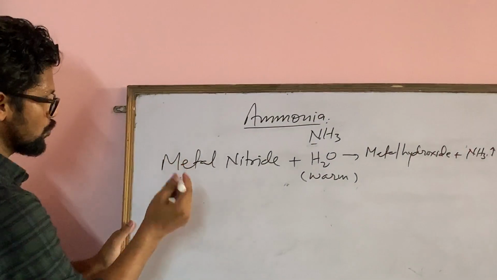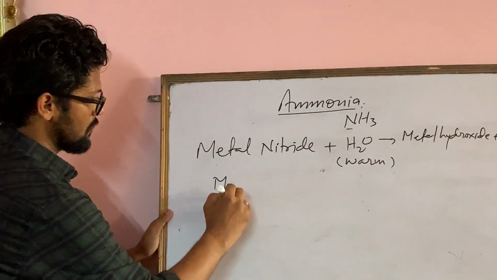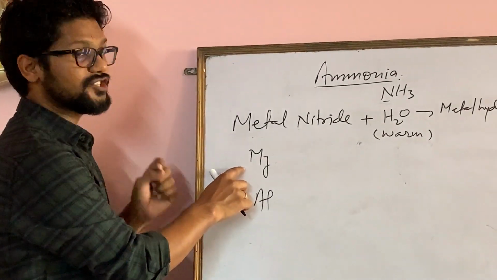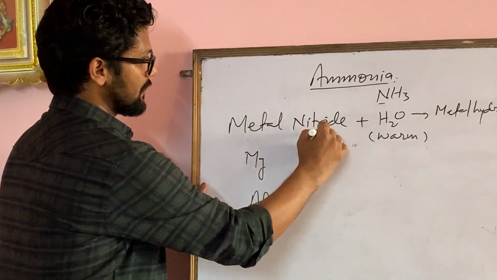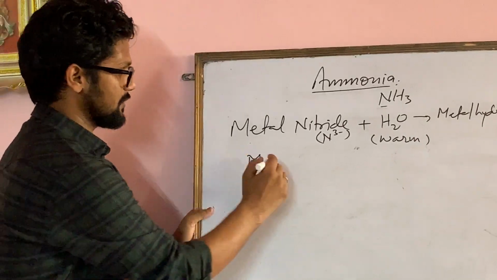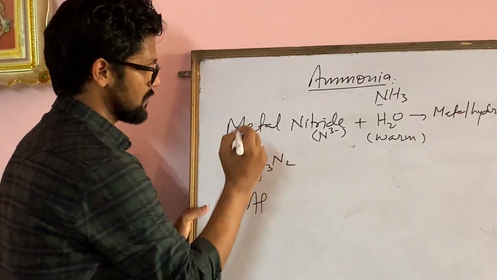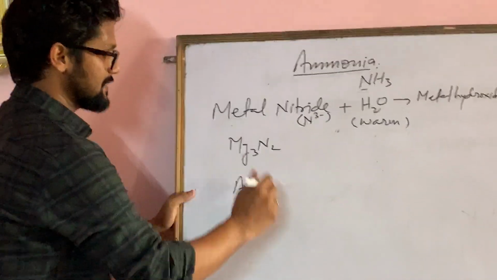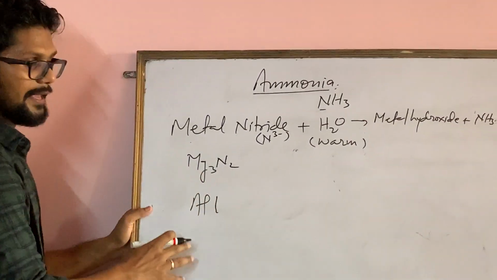In your book two metals are given, one is magnesium, another is aluminum. What will be the formula of magnesium nitride? We know that nitride is trivalent and magnesium is divalent, so the formula will be Mg3N2. And aluminum is trivalent, nitride is trivalent, so the formula will be AlN.